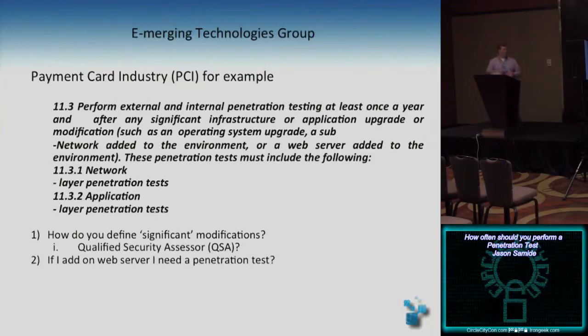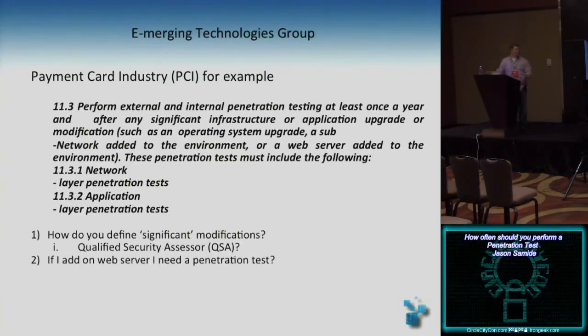Anybody know what significant infrastructure change or modification means? So, if I put a new server in the environment, is that significant? If I do a new code upgrade, is that significant? Exactly. So this is compliance. It's not really security, right?